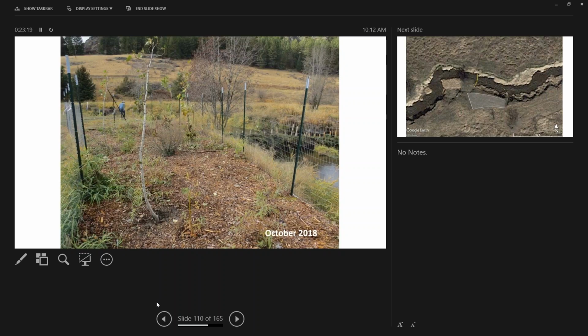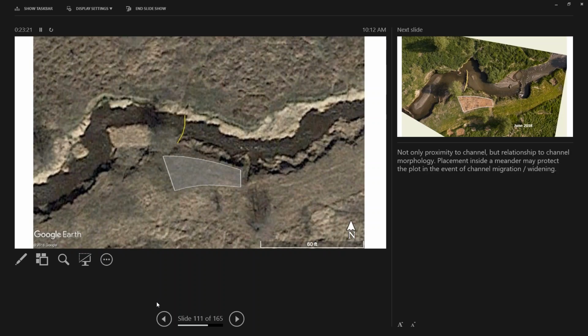So here's our planting plot. It's doing really well. And here's the location of the fence you were just looking at. Here's the incision trench, and then the BDA that we put in right here, which was the channel spanner originally. So if you look at the plan form, you can see that the stream is going around a bend right here. If it's going to flank on this BDA, it's going to flank on this left bank. You can just see the power of the stream coming around and going through that side.